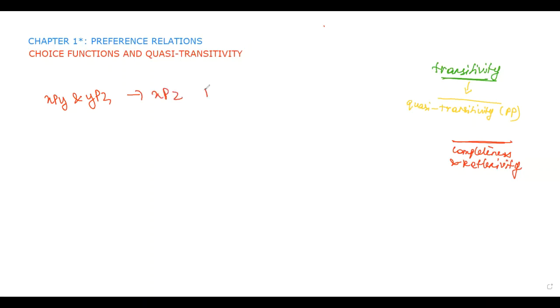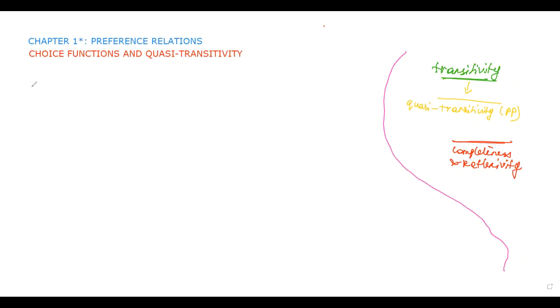This is PP transitivity. So if R satisfies PP transitivity, it is called quasi-transitive. And we will prove that if R is complete, reflexive, and quasi-transitive, it does not have to be fully transitive. We still have a sufficient condition for a choice function to exist. The proof of this is interesting and we will be doing it in full.